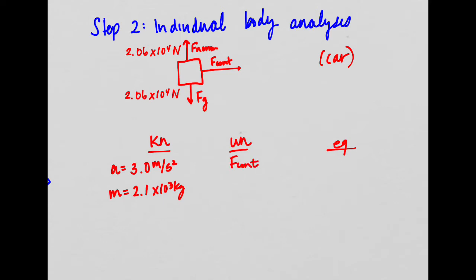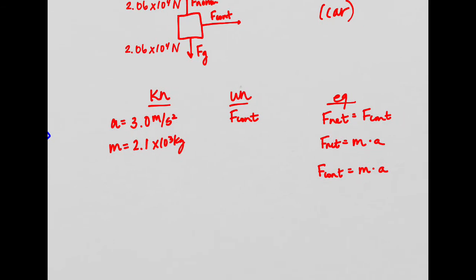Well, we know that the net force acting on the car is the same as the contact force because we're not going to look at our vertical forces. They're balanced, so we don't care about them. So that means that the only force acting on the car is the contact force. So since net force equals contact force, and since net force equals mass times acceleration, we can say that the contact force is equal to mass times acceleration. And I don't even have to rearrange anything. I just plug everything in and I'll be able to solve here. So we have our mass.